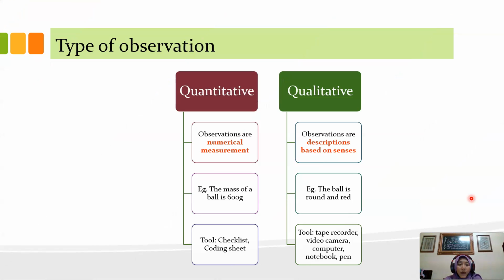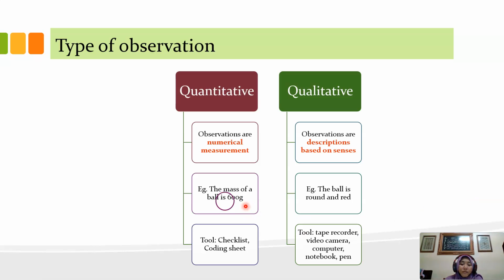And then we have types of observation, which are quantitative and qualitative. Quantitative is basically something you can count or measure. Normally the observations are in numerical measurements.